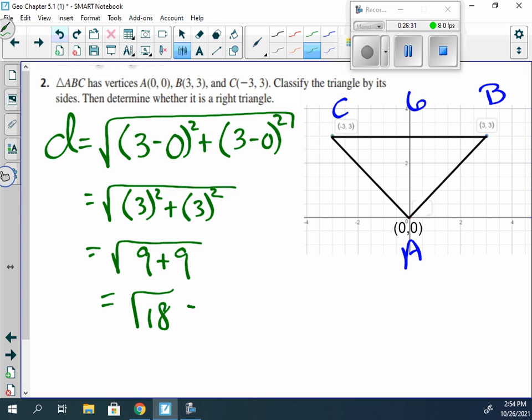Now, if we had typed this into a calculator, it would tell us that it's 3 square root of 2, because the square root of 18 is 3 square root of 2. If it was 36, then it would be 6, because the square root of 36 is 6.